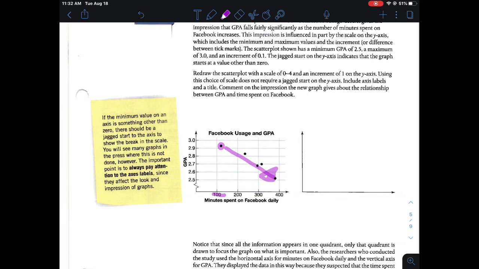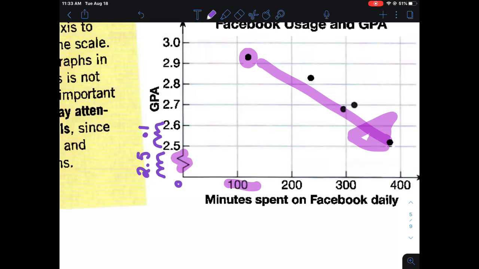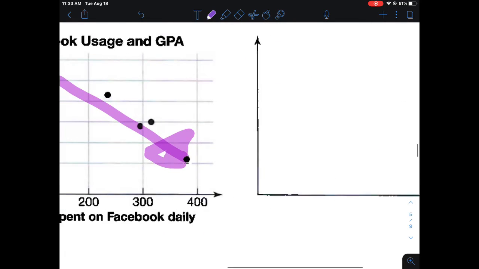The jagged start on the y-axis, so this guy right here, indicates that the graph starts at a value other than 0. So we're going to redraw the scatter plot with a scale of 0 to 4, with an increment of 1 on the y-axis.